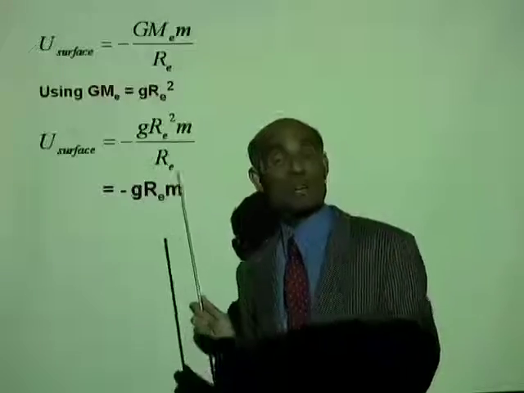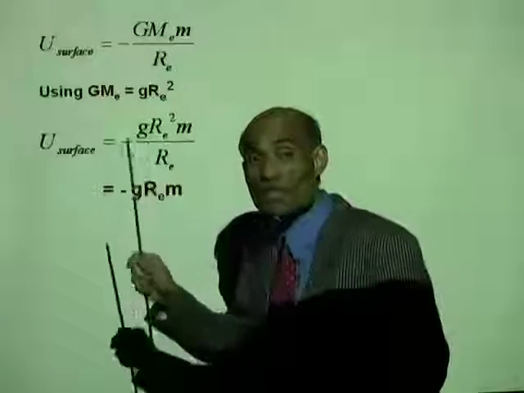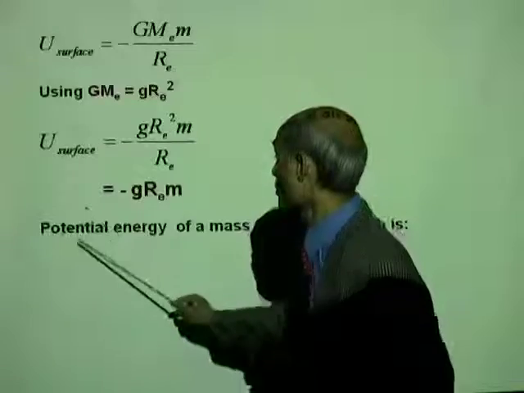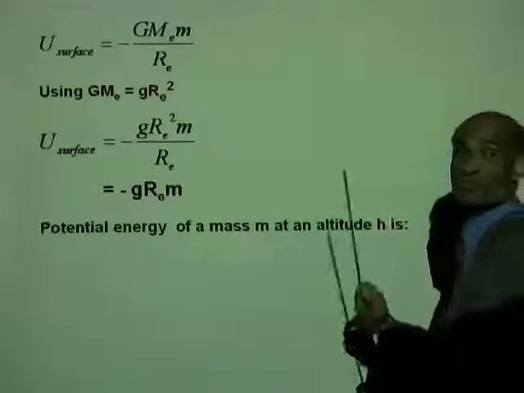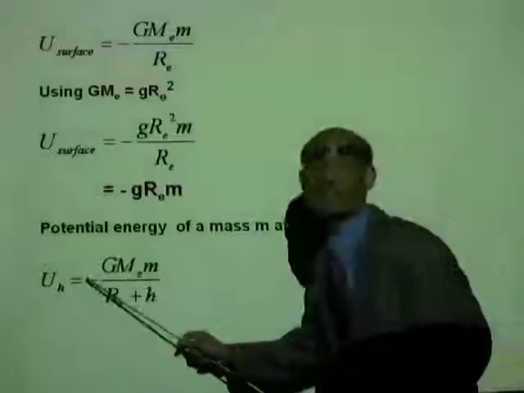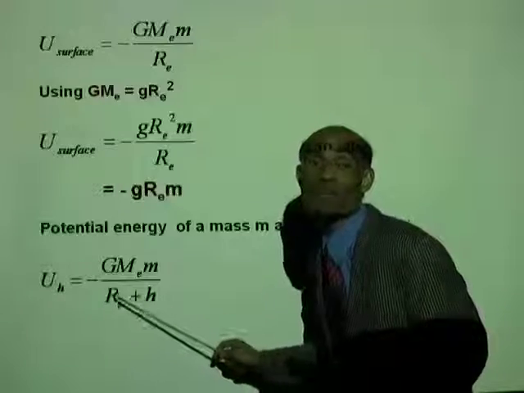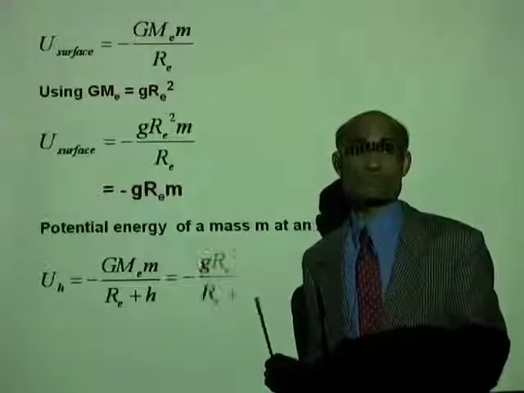This is a very good equation: the potential energy of an object placed on the surface of the earth. And now, potential energy of a mass m at an altitude h will be negative G M_E M over R_E plus h. So don't mix up these two equations.